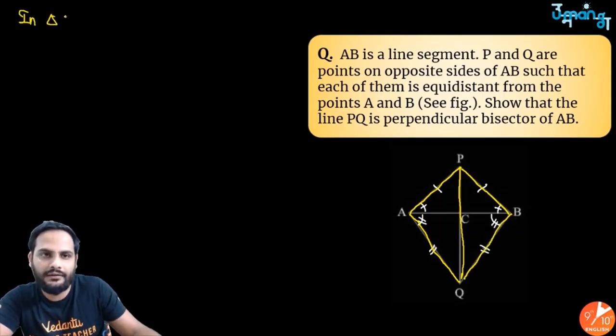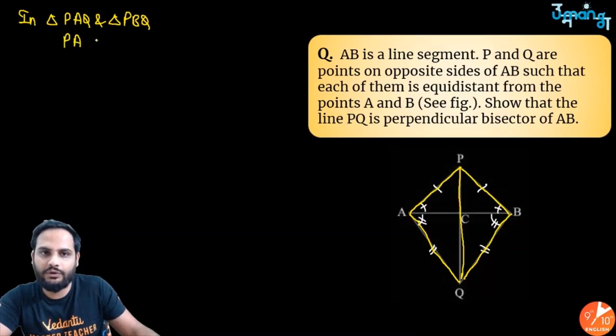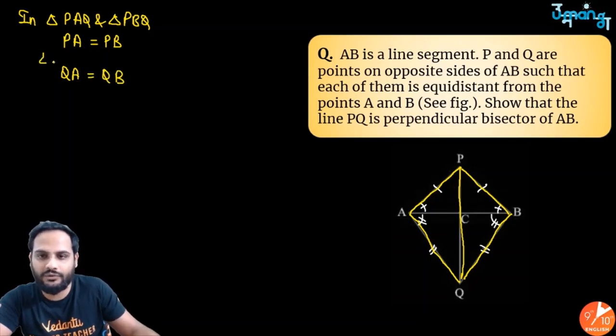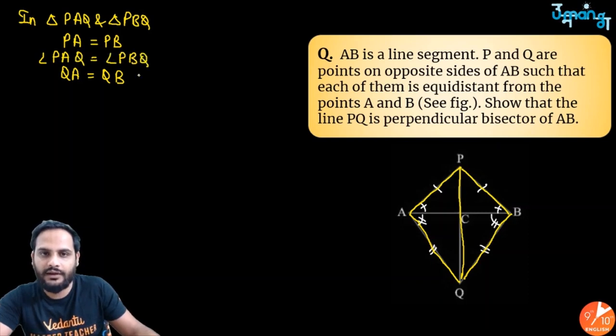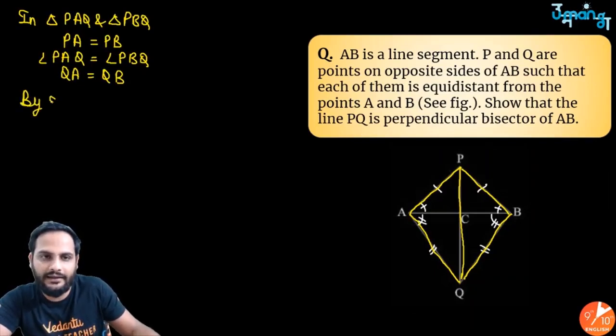In triangle PAQ and triangle PBQ, I know PA is equal to PB, and QA is equal to QB, and in between these two sides I also know that angle PAQ is equal to angle PBQ, from equation 3. So by the side angle side criteria, by SAS rule, triangle PAQ is congruent to triangle PBQ.